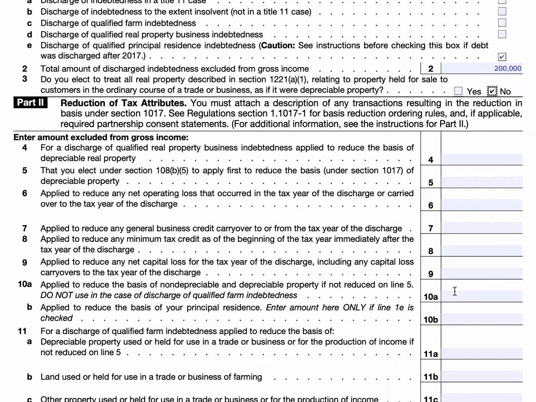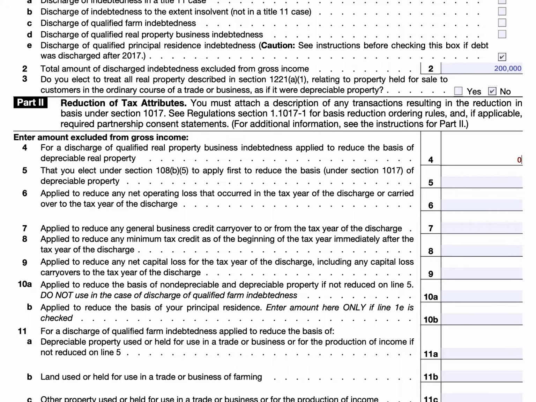Instead of declaring $200,000 of income, you can simply reduce the basis of that commercial property by $200,000. So then the adjusted basis of that property would then be $300,000. In this case, we're not doing that because that doesn't apply to us.